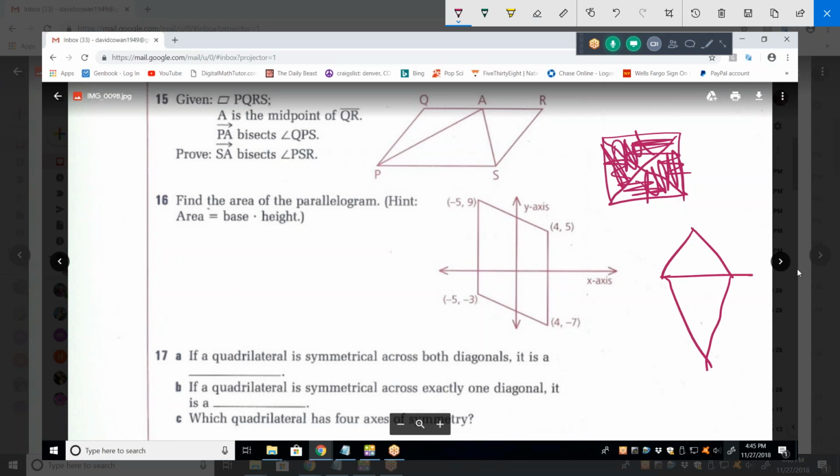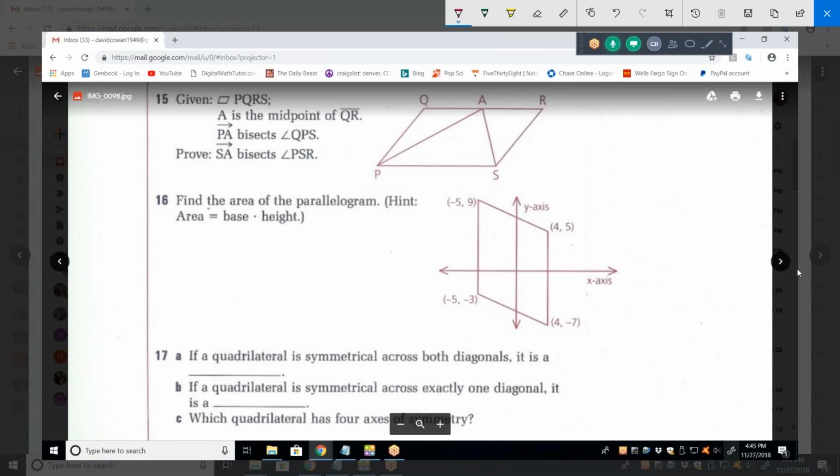That does not create 2 symmetrical sides. A rhombus does. All rhombuses would have some symmetrical sides opposite or across from both diagonals.